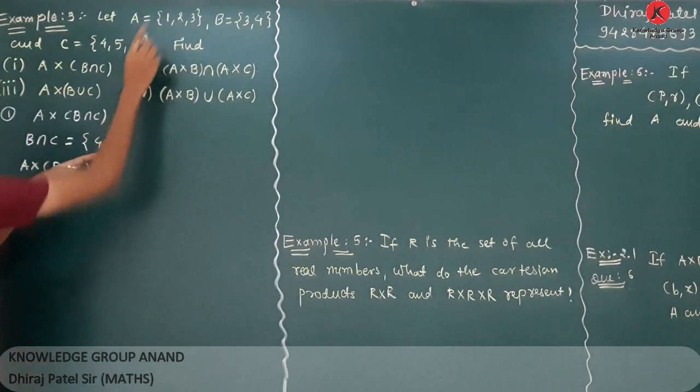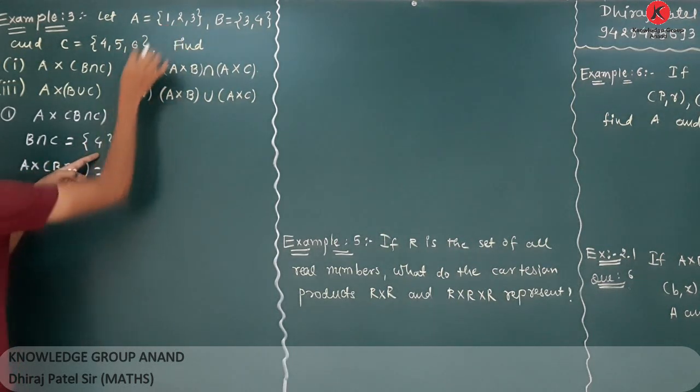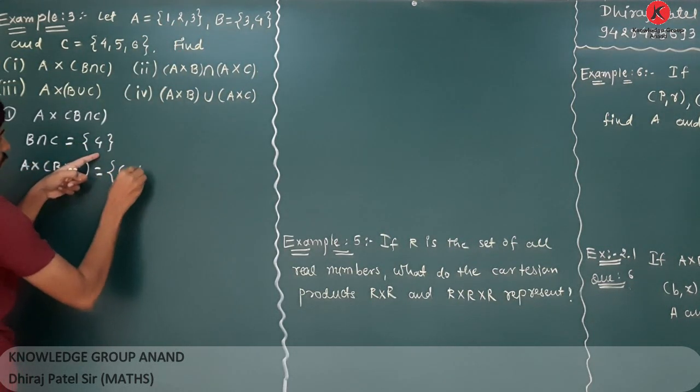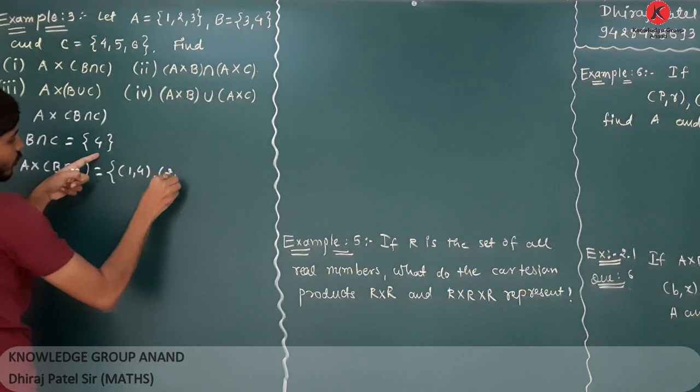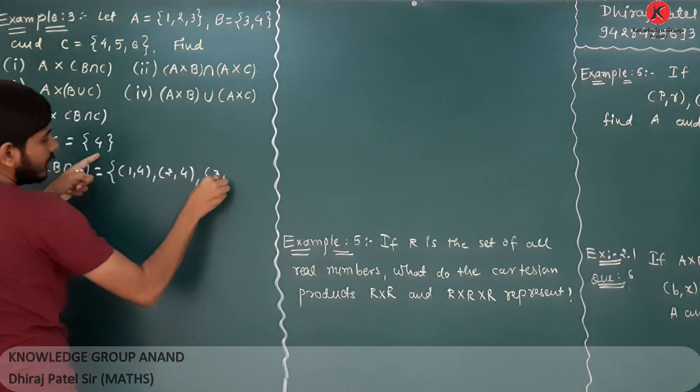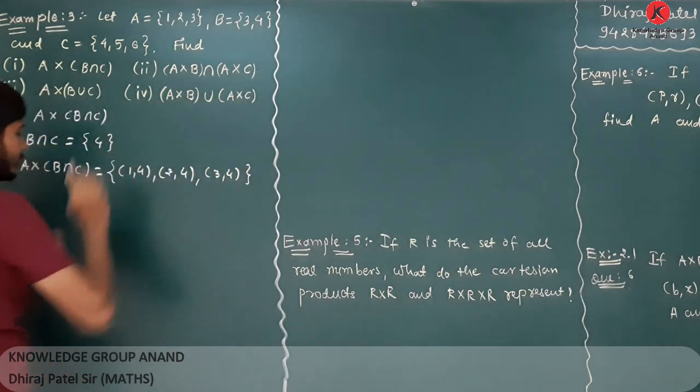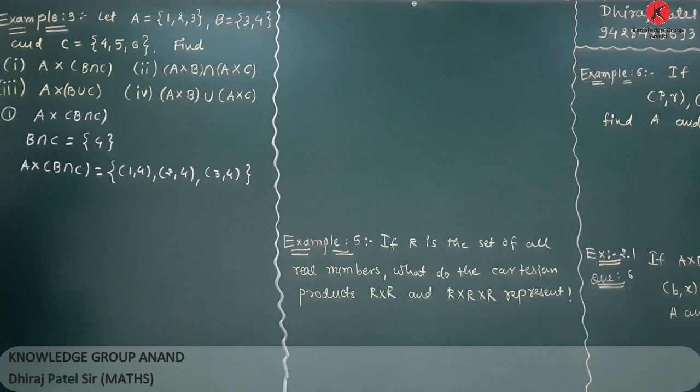So write down all possible pairs of these two sets. We are getting 1, 4, same as 2, 4, and 3, 4 here. This is our A cross B intersection C.